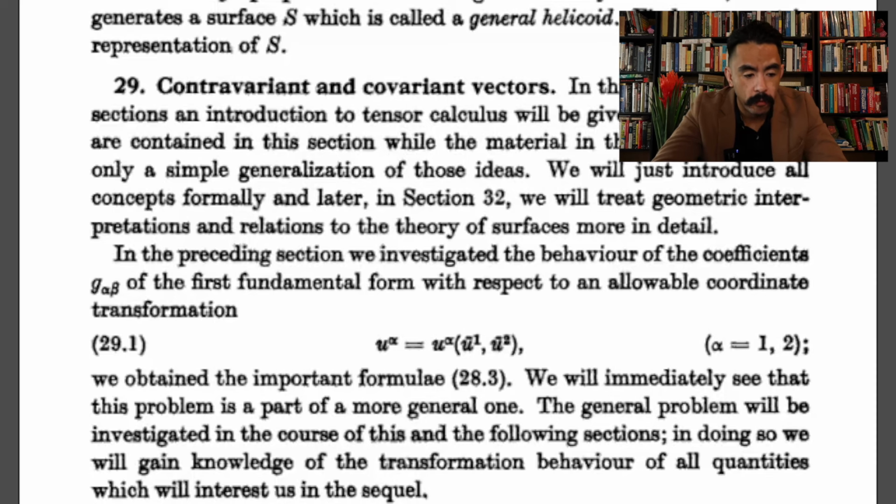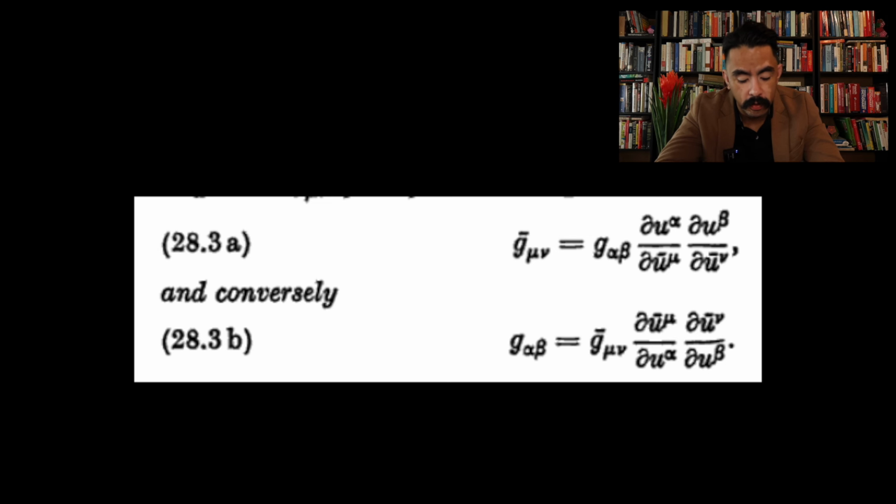We obtained the important formulae 28.3, which are the transformations between the first fundamental forms given by g over bar sub mu nu equal to g sub alpha beta times partial u alpha partial u over bar mu times partial u beta partial u over bar nu, and conversely g sub alpha beta equal to g over bar sub mu nu times partial u over bar mu partial u alpha times partial u over bar nu partial u beta.